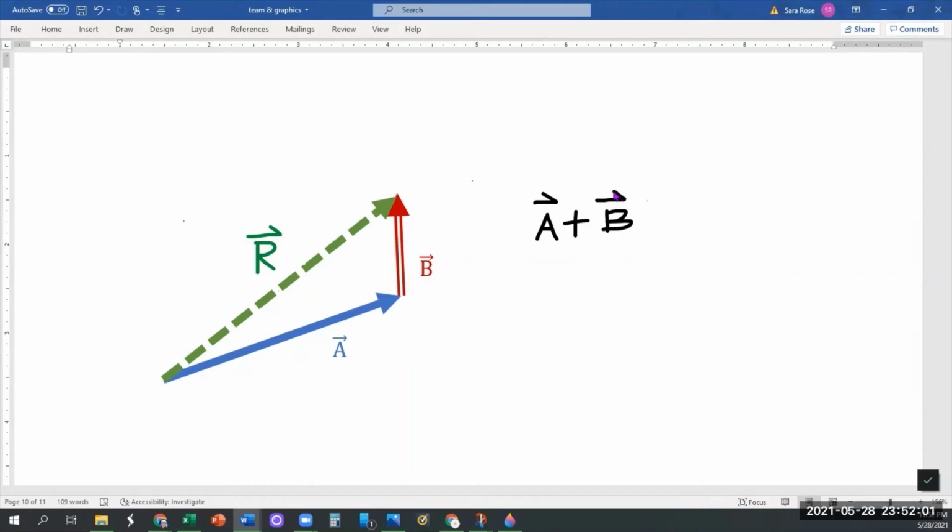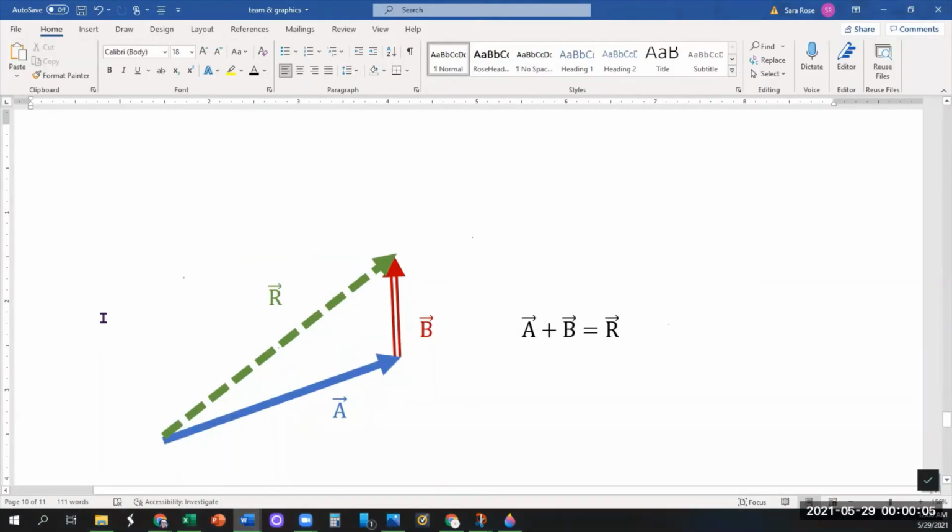And r indicates to us where the ship is now compared to where it was. It indicates its displacement. It not only indicates this distance from its original position, but also the direction it is from its original position.